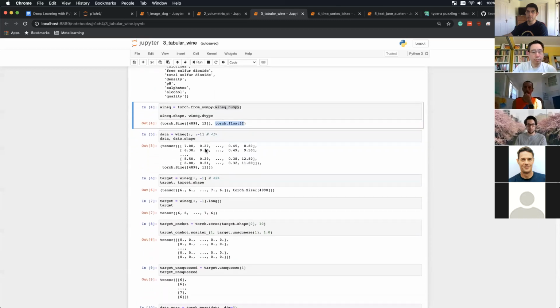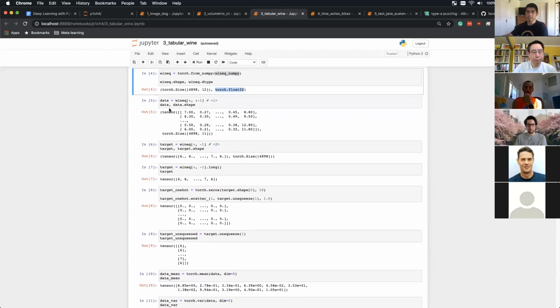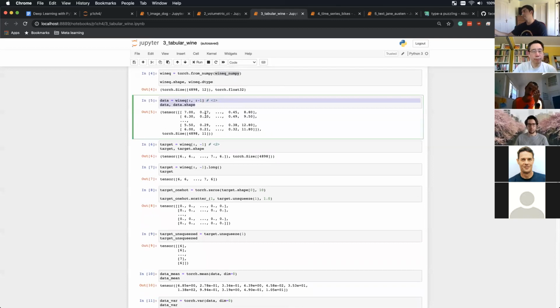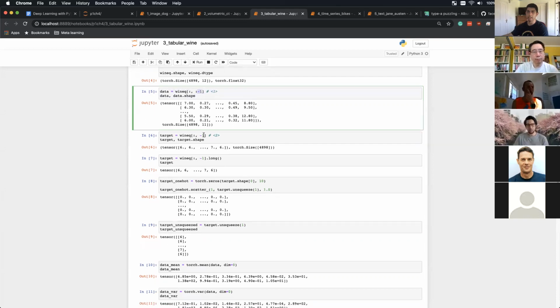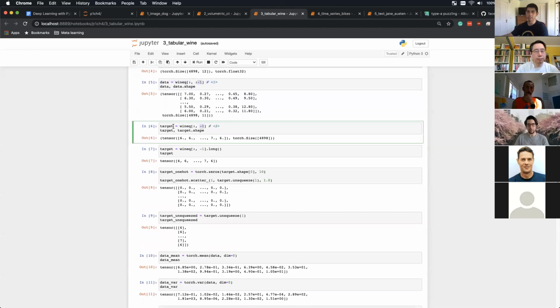What they're wanting to do here is grab the data and then the target, and split those into two different NumPy arrays or torch tensors. So they're saying grab everything except for the last column, and then grab specifically the last column because that's the target.